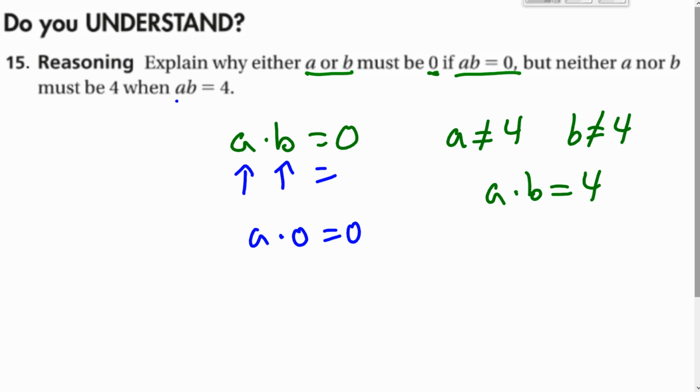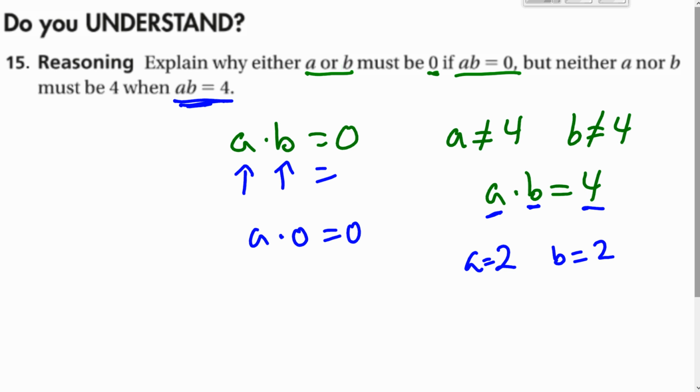But when I multiply two things and I actually get a number like 4, when it says neither A nor B is 4, it means that A doesn't have to be 4 or B doesn't have to be 4. So I can multiply two things and the answer doesn't have to be 4, right? Because I could take A equals 2 and B equals 2 and I still get 4.